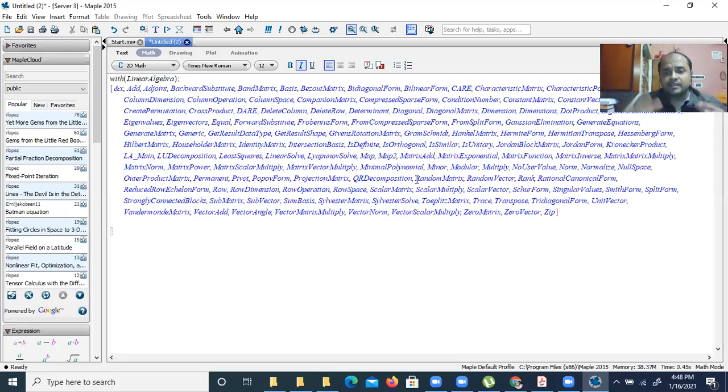These are all some mathematical operations. You can find determinant over here, diagonal over here, projection matrix over here. Many mathematical things are over there. So this particular page has been activated.